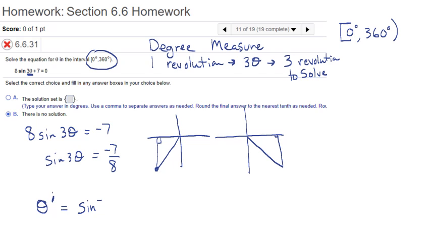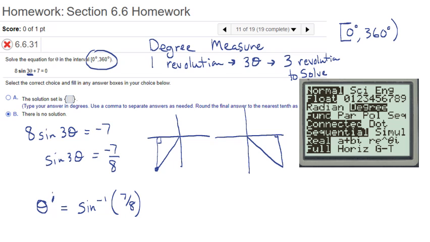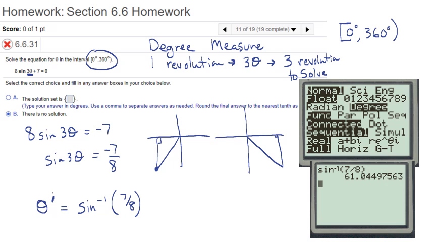So go to the mode button next to the second function button, scroll down using the arrow keys to degree measurement, and click enter. Now degree measurement is highlighted, and from there you can quit out, go back to the home screen, and then let's punch it in.